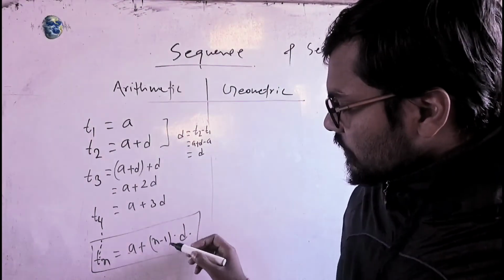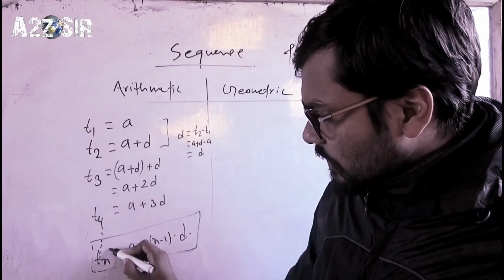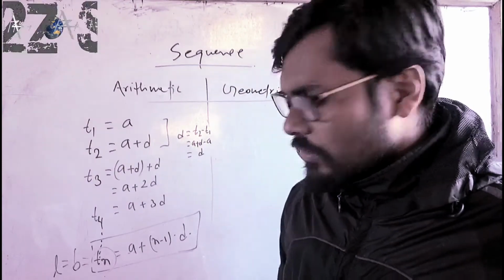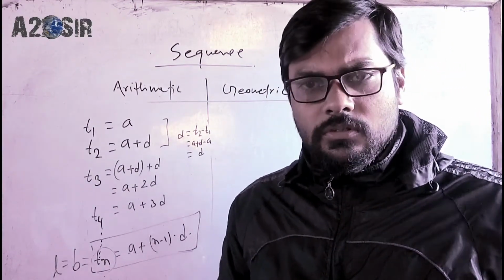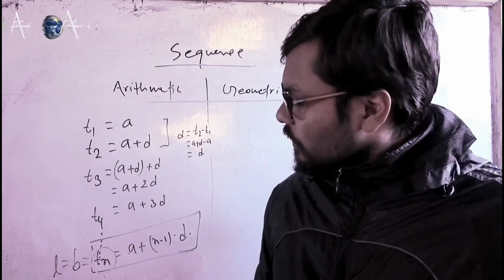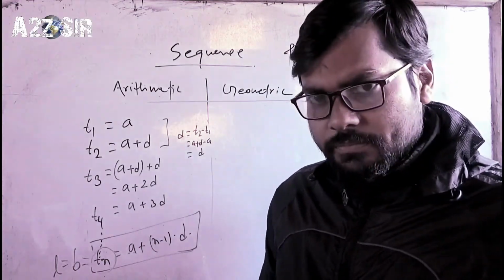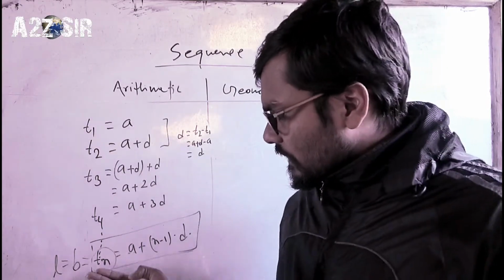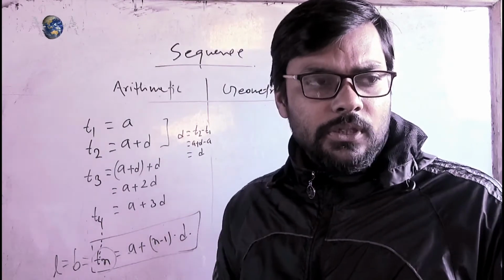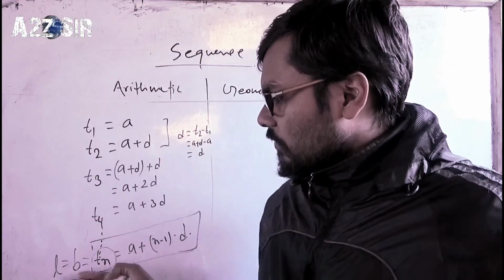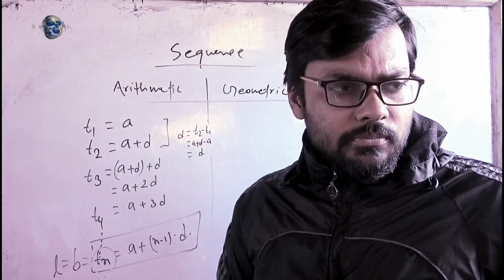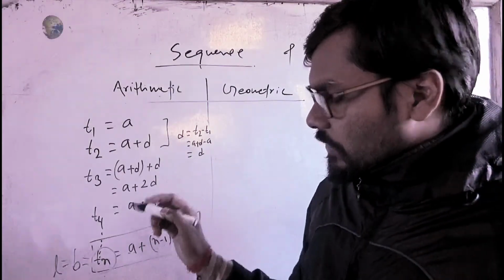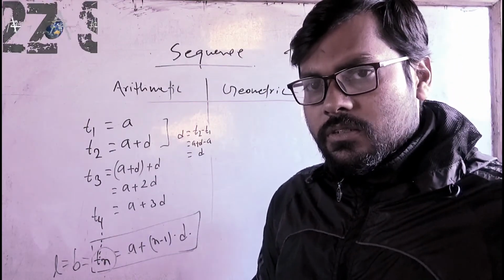In an arithmetic sequence, this Tn is sometimes called B, sometimes L. So L, B and Tn are the same thing according to the question. Sometimes we need B, then B is equal to a plus n minus 1 into d. Sometimes we go for L, and L is equal to a plus n minus 1 into d. In this way you get the general term of the arithmetic sequence.